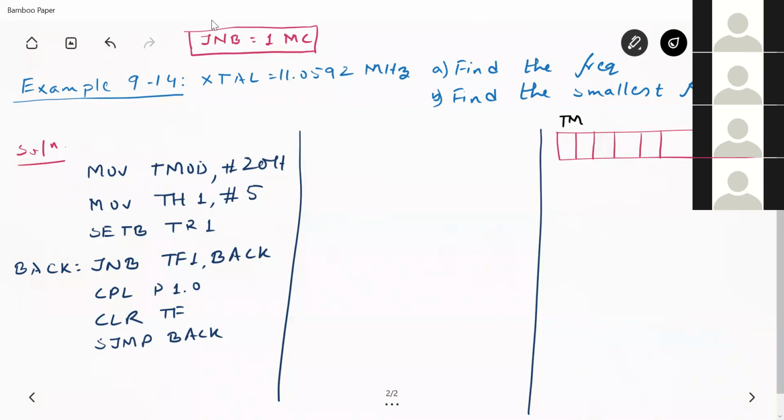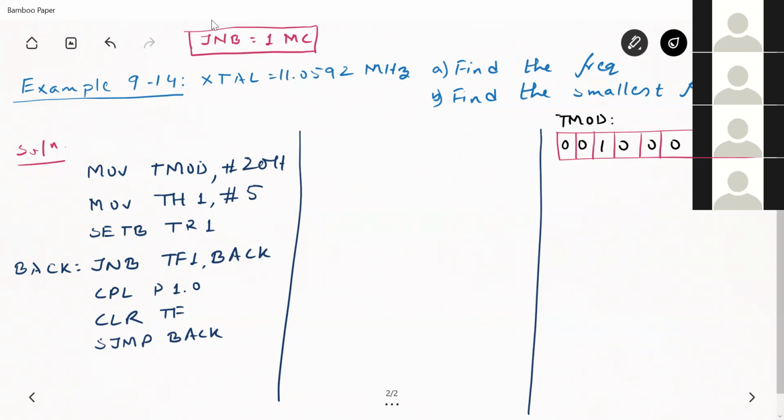Okay, this is the code. So let us assume this is my TMOD register. So if this is a TMOD register, after the first line, that is MOV TMOD, #28, what will be the value in TMOD? Can anyone say? Of course you can say, so please do say. What will be the value in TMOD? 00100000. Okay, fine. Very simple.